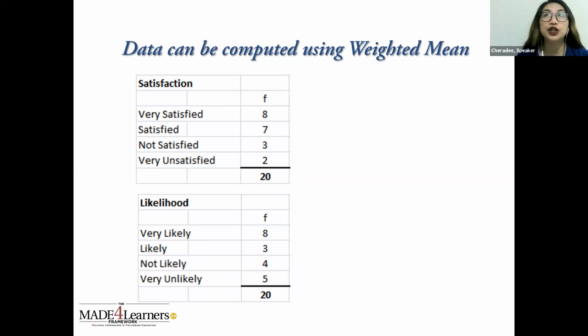For example, mechanics is 3 units, but major subjects are 4 units. So even though you get a great score in, let's say, PE or NSTP, it's only 1 unit, so it's not going to give much contribution to your final average. So the weight of the units is your basis for calculating.